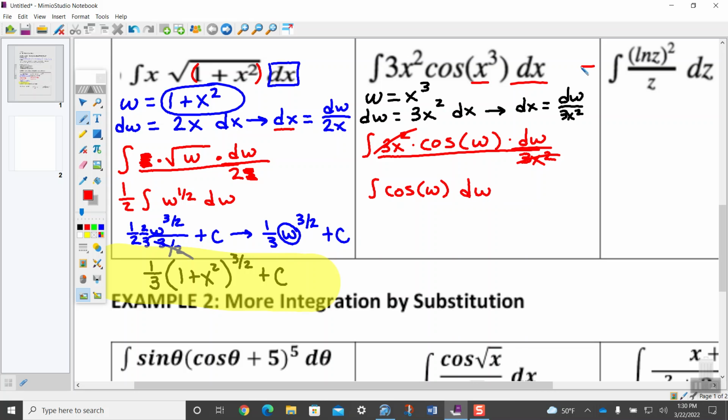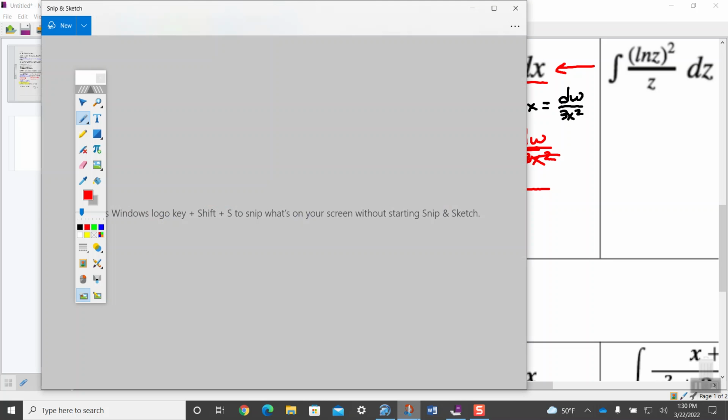If this is my original antiderivative up here, and I can rewrite it like this, which of those two looks a little easier to work with? First one or second one? Second one. You get down to this, you say, oh, that's a pretty simple antiderivative. I go back to my 6 notes. I say, what's the antiderivative of cosine? You're going to tell me what? Oh, what did I do?